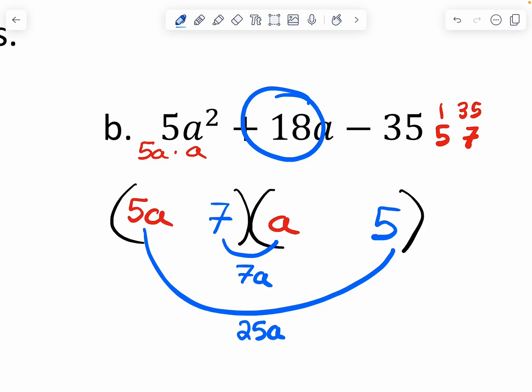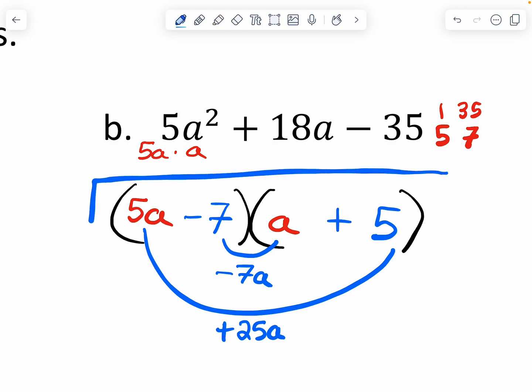So I'm going to make my 25 positive and my 7 negative. And when I add those two together, negative 7 plus 25, I do get a positive 18. So I know that this is the correct factored form here. So my final answer is 5a minus 7 times a plus 5.